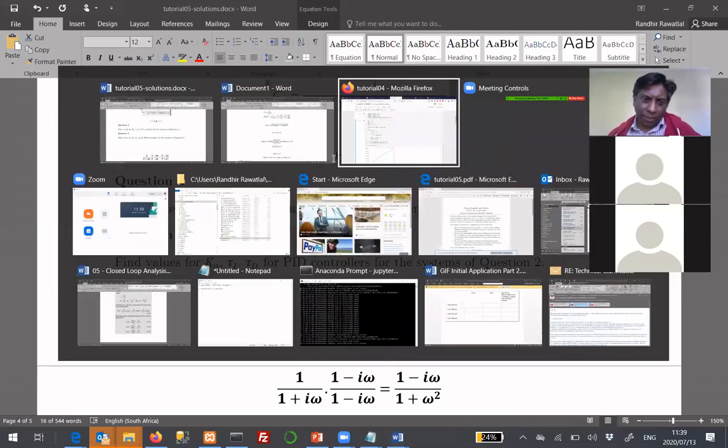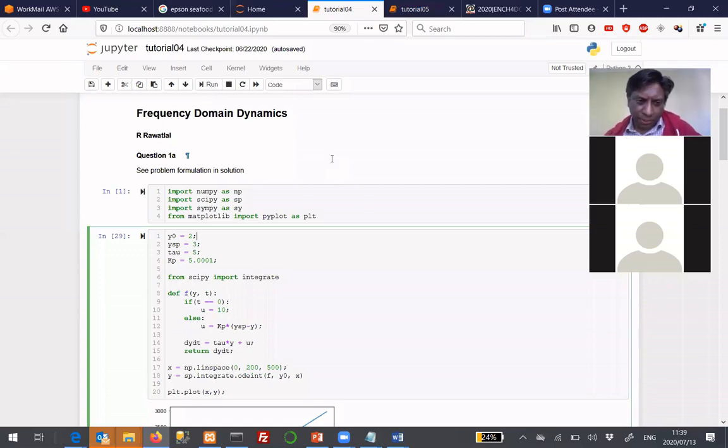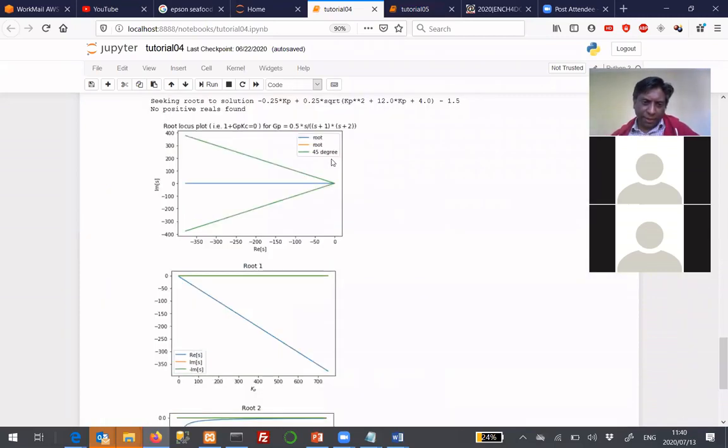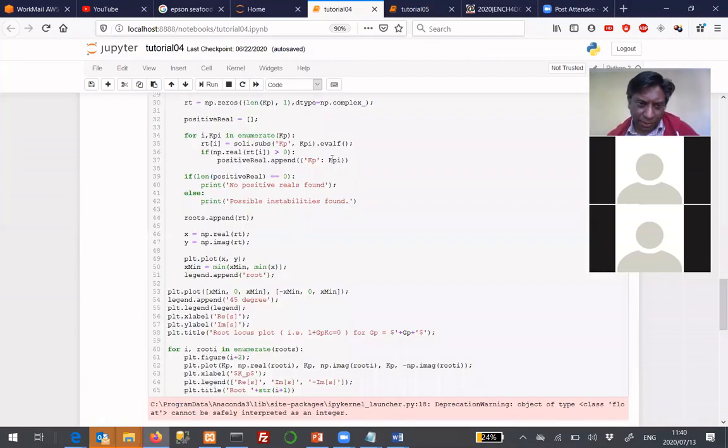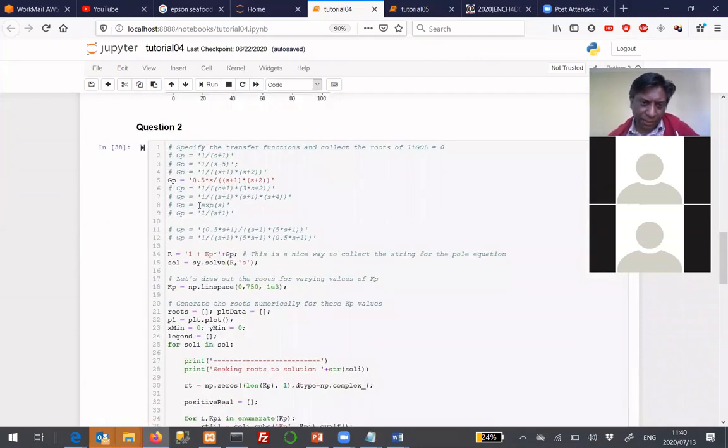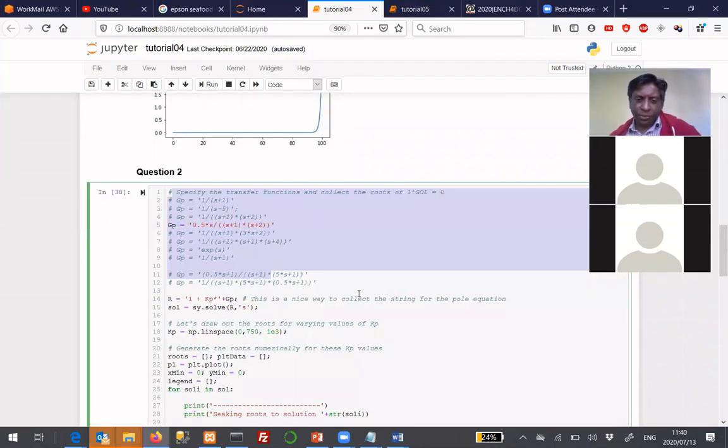we had all those, which one is this? Yeah. So in tutorial 4, we had outlined all these processes. Here's the list. And we talked about when we vary Kp, how that process responds. And we did that basically by creating a series of values for Kp and then redrawing the plot.